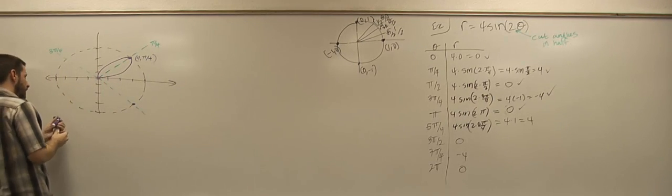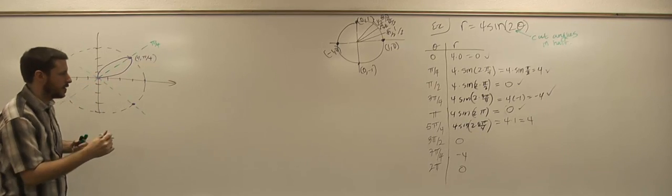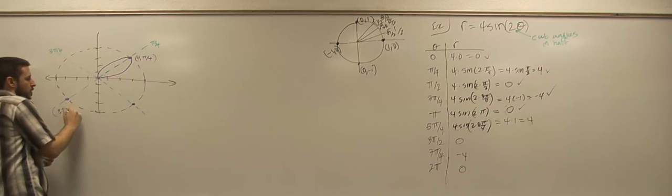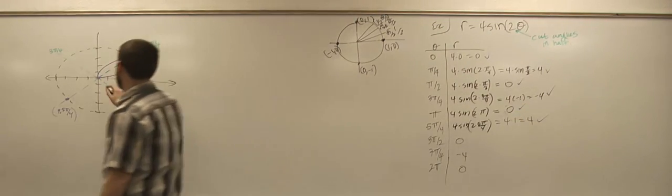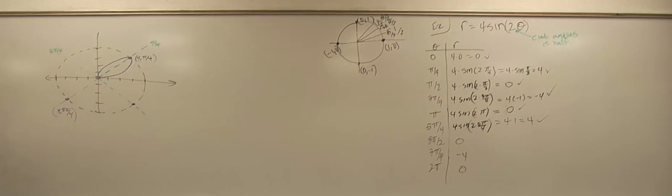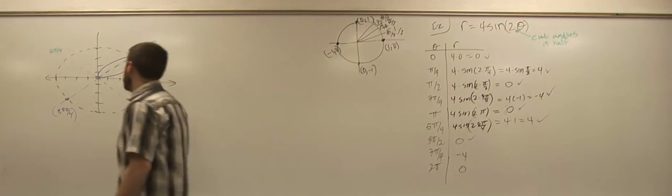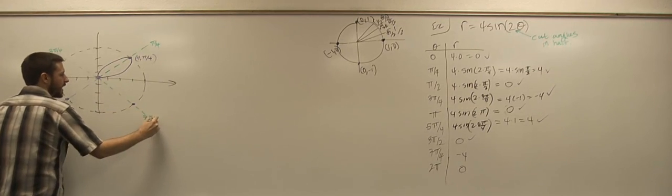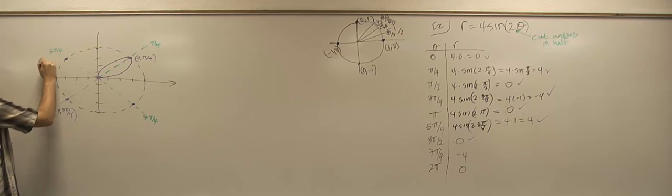Then 5 pi over 4, +4. Back to 0. Seven pi over 4, just down here. -4 though is going to toss me back into the 2nd quadrant.